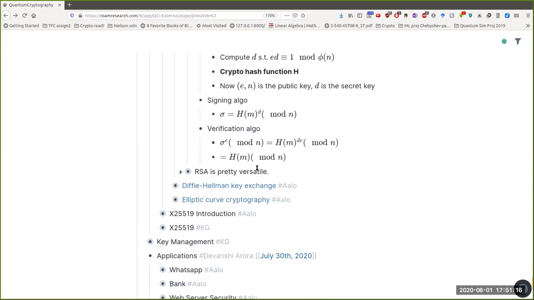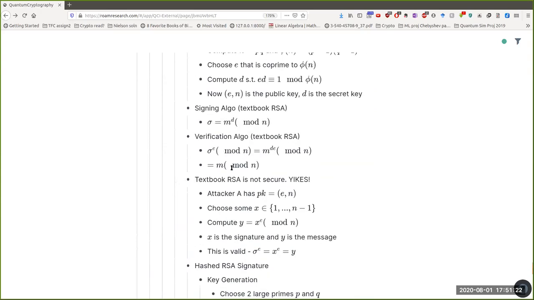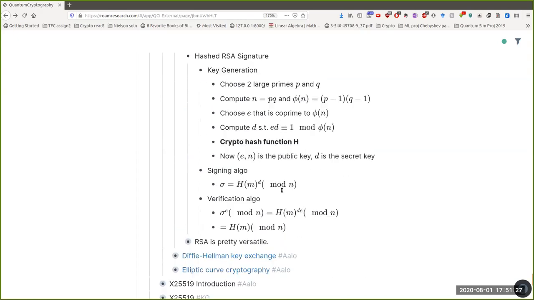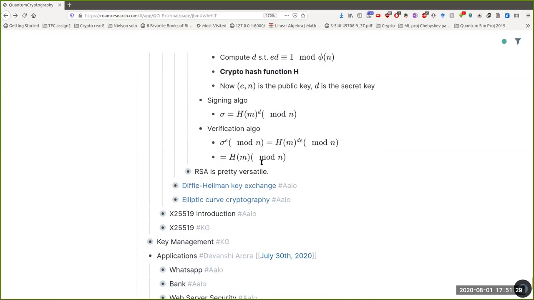A hint here would be that at the end you need the hash of the message, not just the message. In the previous textbook RSA algorithm I had m here, but now I need hash of m, not just m, for the signature to be valid. So I'll leave this as an exercise. Otherwise, we can always discuss it later.